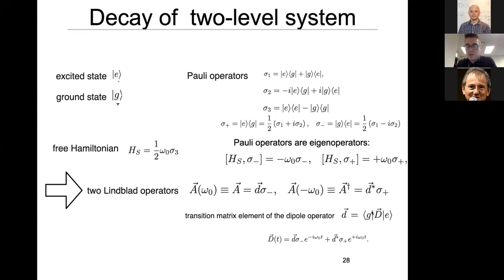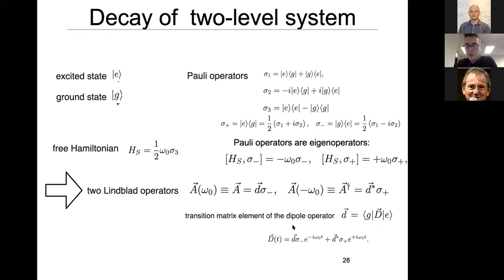And since this dipole operator only contains off-diagonal elements in this basis, we can infer that it can be written in terms of these Pauli lowering and raising operators, since each of these two operators, when you express them in matrix form, are off-diagonal, i.e. they have vanishing diagonal elements.